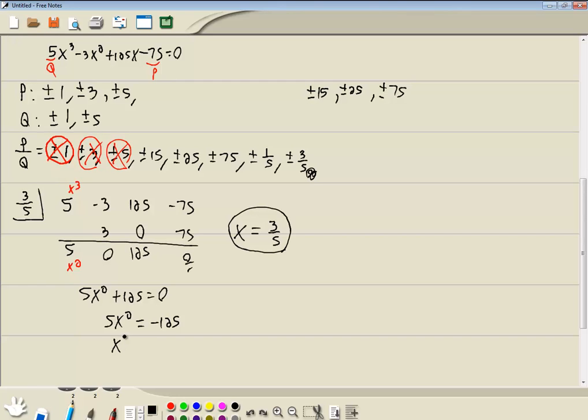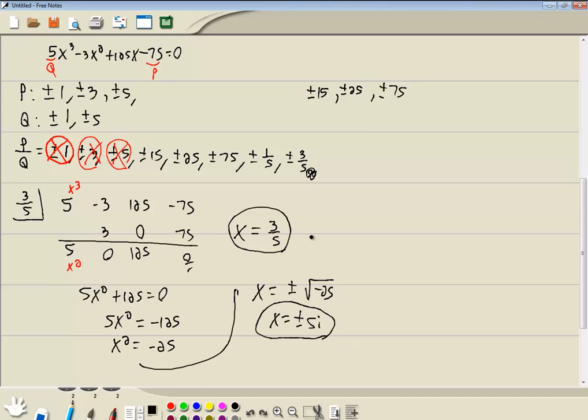Divide both sides by 5, and you get negative 25 on the right side. Square root property: drop your squared, put a plus or minus square root around the other side, and you get x is equal to plus or minus 5i. And that accounts for our 4 answers. When all said and done, you should have 4 answers circled if your degree is 4.